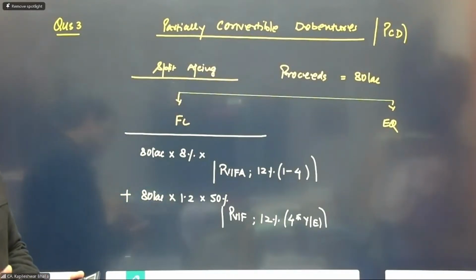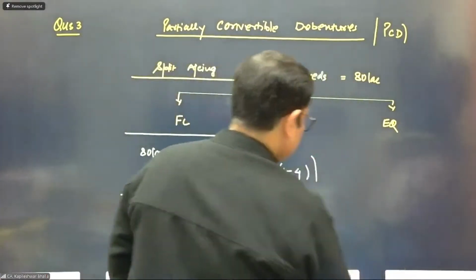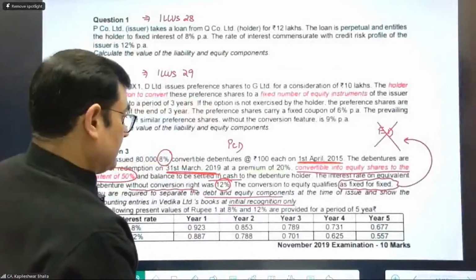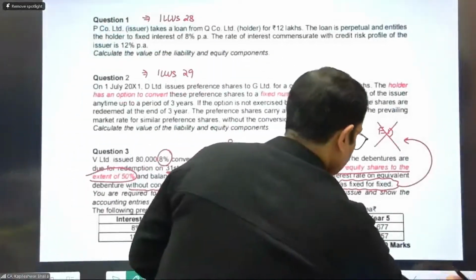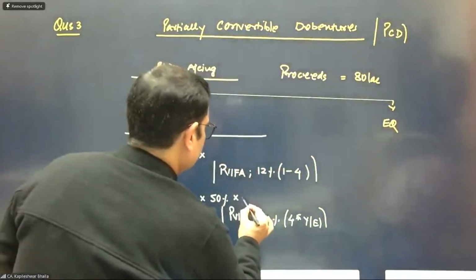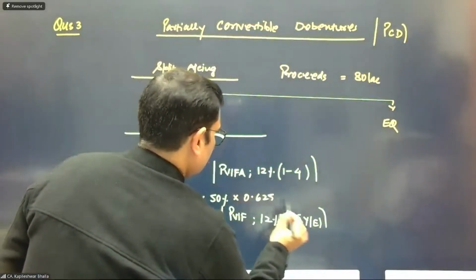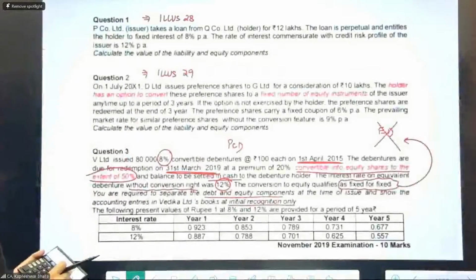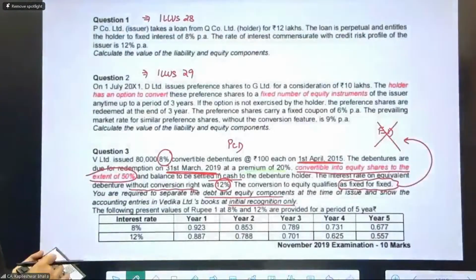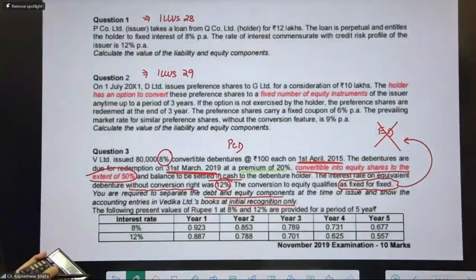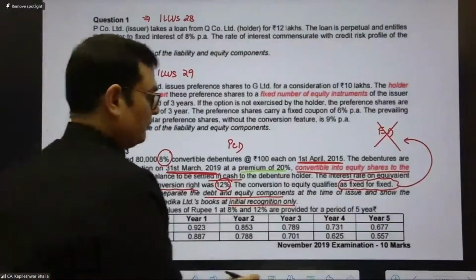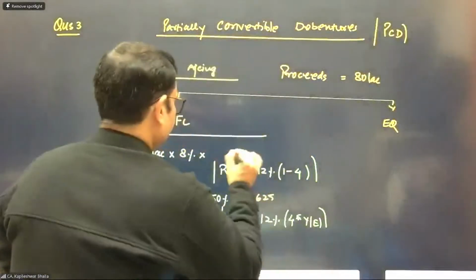We should rather pick up the figures from the question itself because it's given. I guess it's 0.625 at the end of the 4th year. And let's see the accumulation of 4 years: 0.887, 0.788, 0.701, 0.625, 3.001, I think.